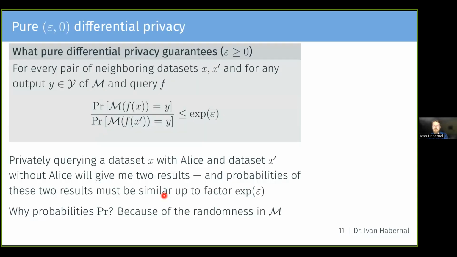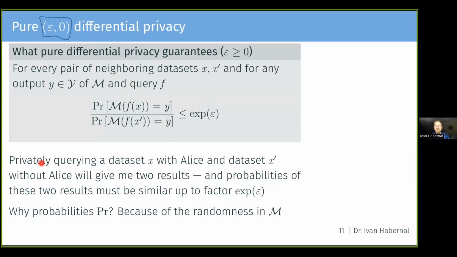So let's have a closer look at it. We also say pure differential privacy is epsilon-0 differential privacy, and the 0 corresponds to a different letter, which we will explain later on, but pure differential privacy is epsilon-0 differential privacy. So here again, we have the definition.